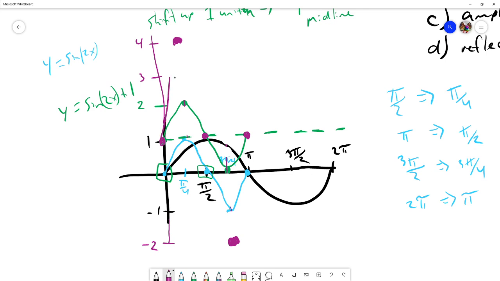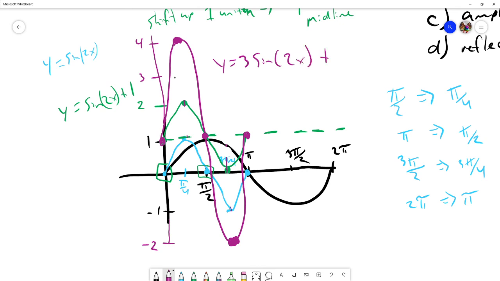So now we get the following graph here, and this takes into account the change in amplitude. So this purple line is y equals 3 sine of 2x plus 1.